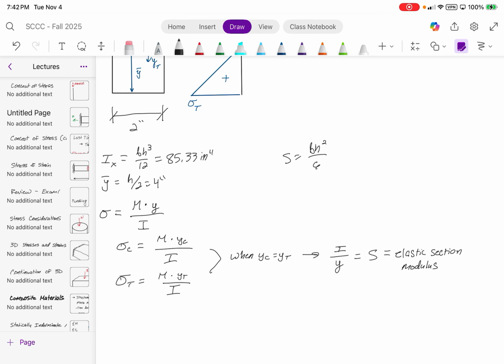Fortunately for you guys, many of your design tables have already done this for you and given you the values in terms of Sx and Sy here. So just understand what your orientation of the beam is and you will be good.